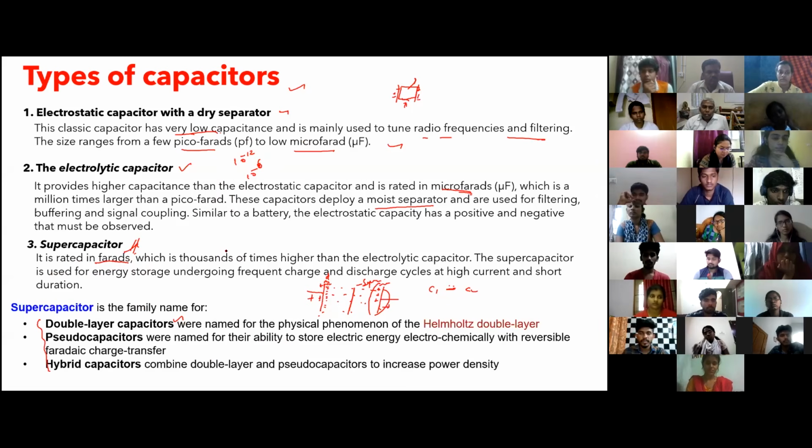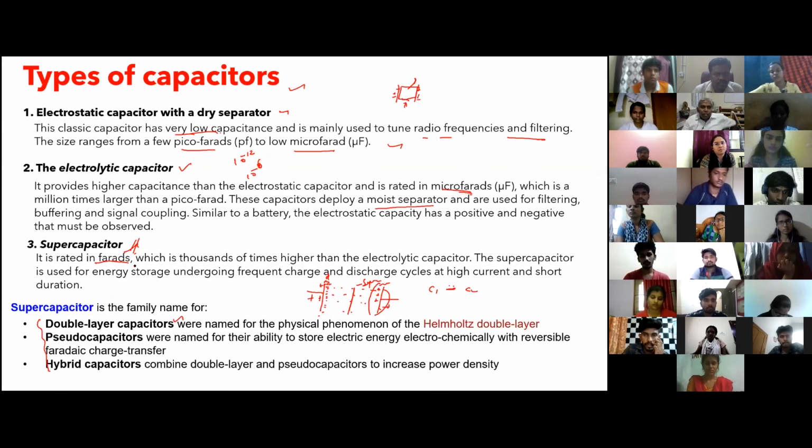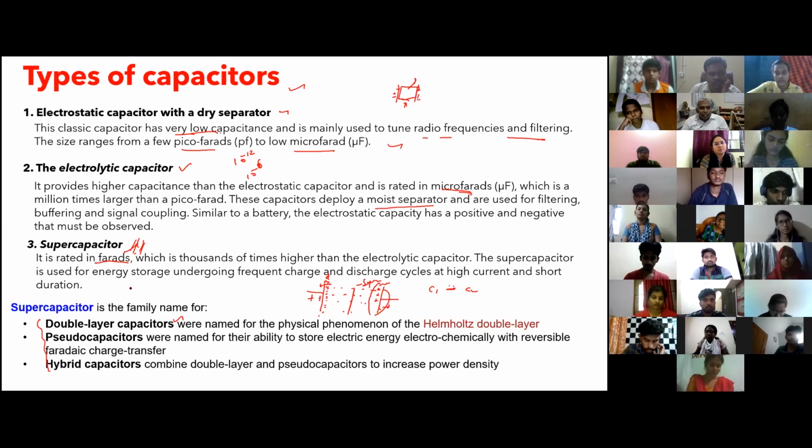They are usually used in heavy energy storage circuits, or wherever heavy discharging is required. These days, many high-end cars are coming with supercapacitors to ignite or accelerate. Electric vehicles are coming up now, and people are doing research to replace the battery with a supercapacitor, but still not, because the lithium ion battery is much better.